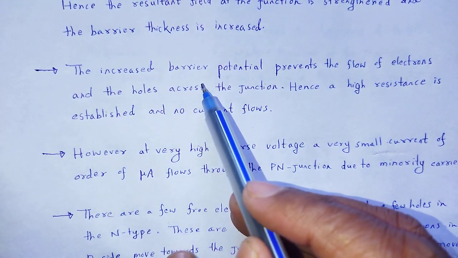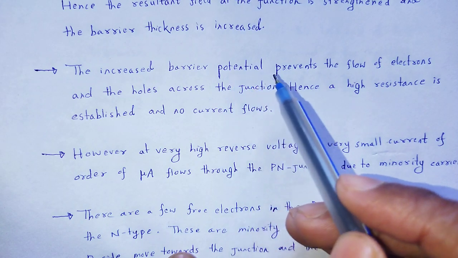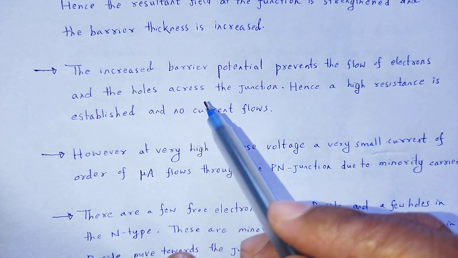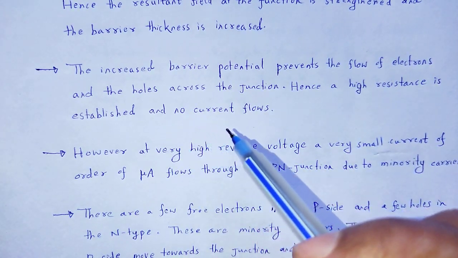The increased barrier potential prevents the flow of electrons and holes across the junction. Hence, a high resistance is established and no current flows.